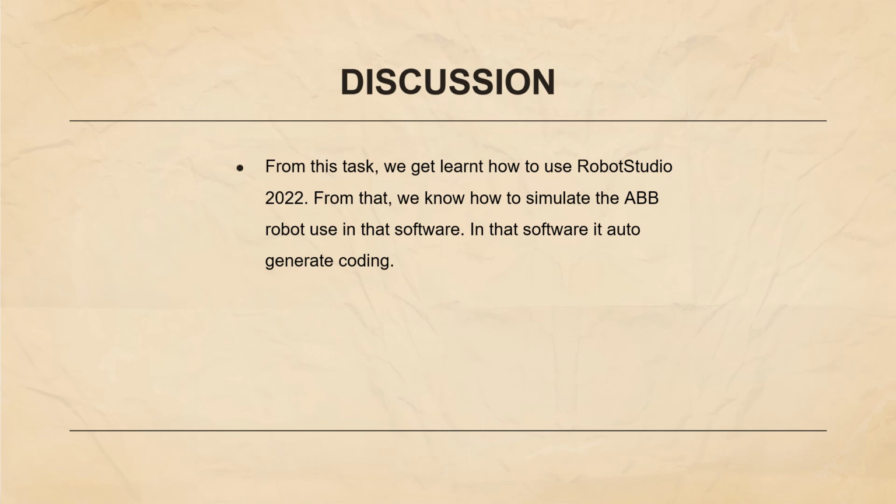From the task, we also learned how to do research on the topics given to us, and we know about the specs of the ABB robot, the tool and the tasks. That's all from us for our presentation, and thank you.